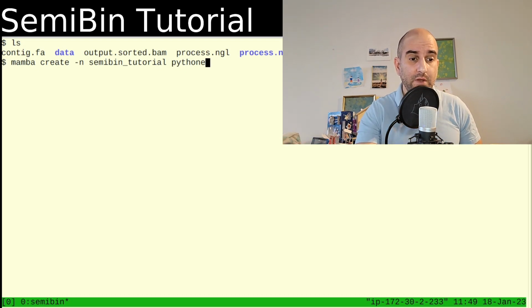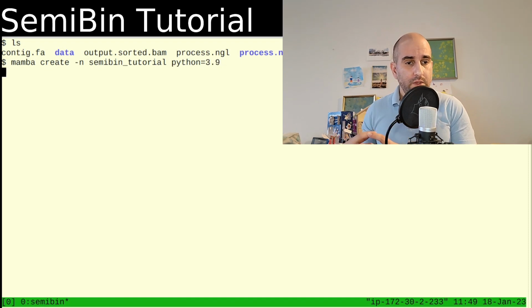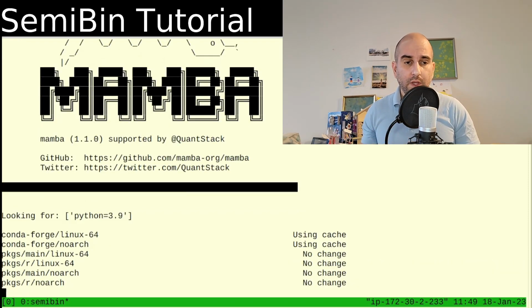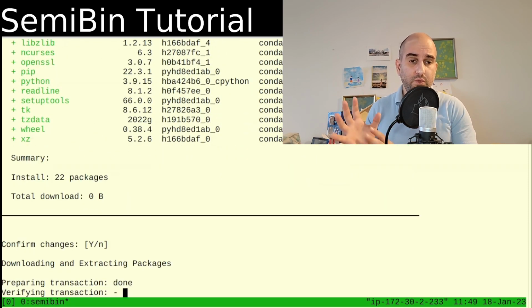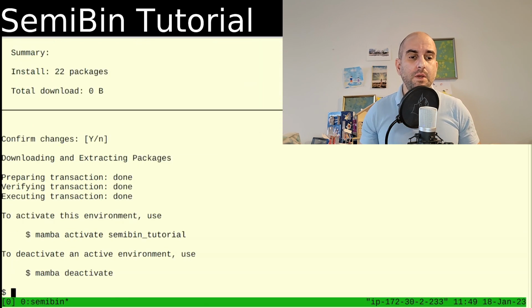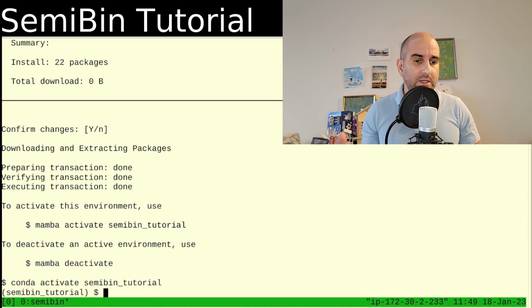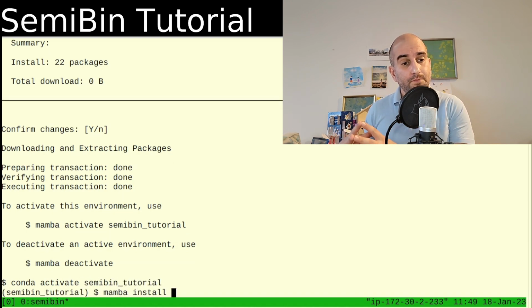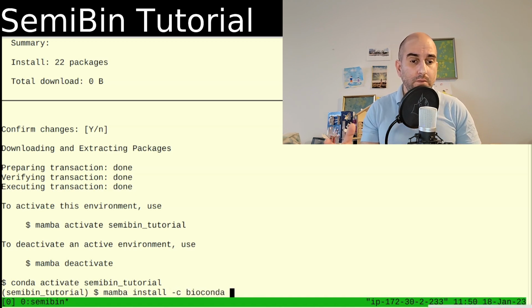Now again, I'm going to start from scratch and create this Conda environment, which I'm going to call semibin-tutorial. Then I'm going to use Mamba, which is a fast version of Conda, to install SemiBin. Just activate the environment here, and as I said yesterday, we use the Bioconda channel.